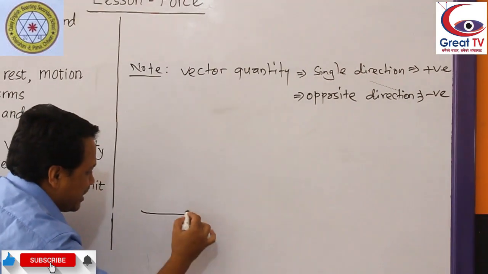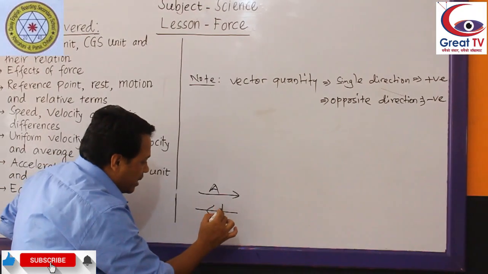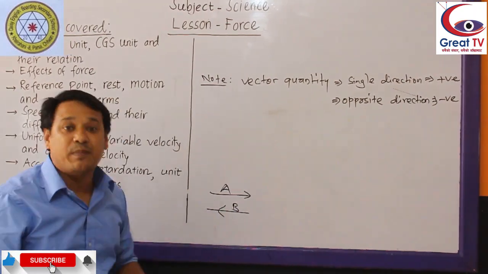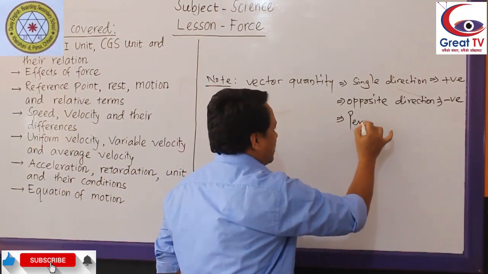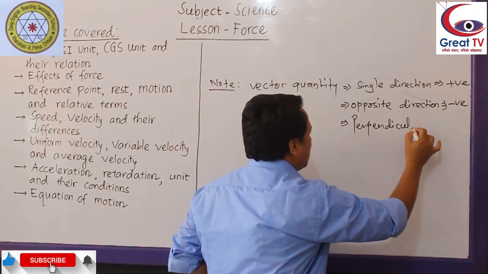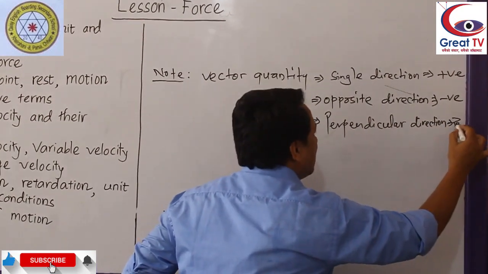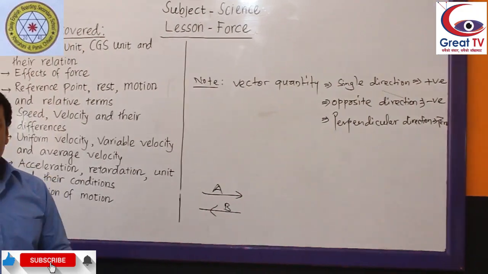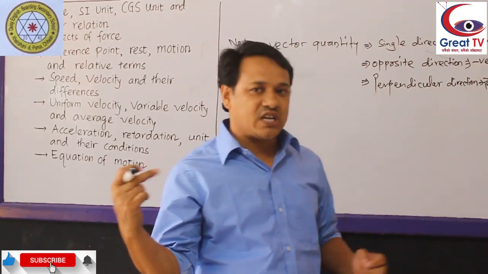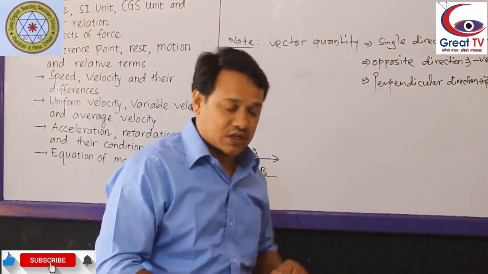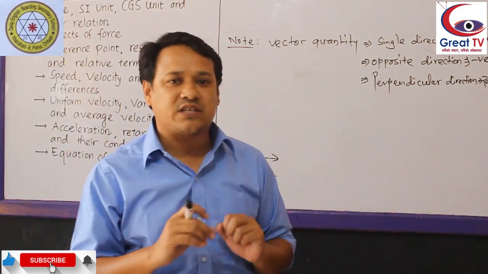Let's say a vehicle A is moving in this direction and another vehicle B is moving in the opposite direction. Then with respect to A, the magnitude of B will be negative. Another case is perpendicular direction, where its magnitude will be zero. Vector quantity in perpendicular direction is zero, opposite direction negative, and same direction positive. It means velocity is a vector quantity and can be positive, negative and zero.